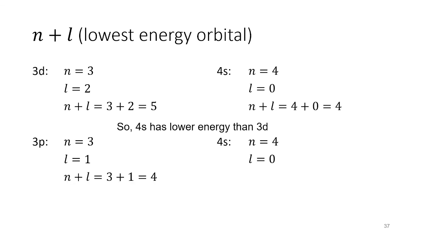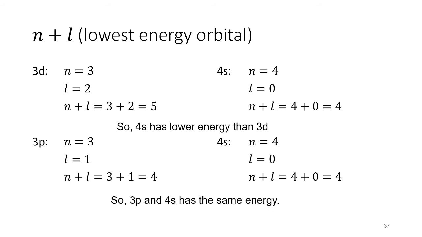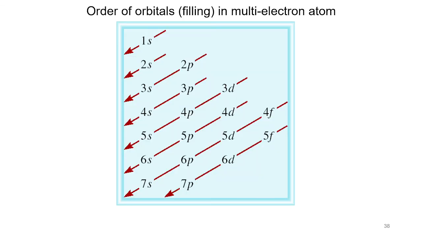Meaning to say, if we add those n and l's, we have 4 and 4, so 3p and 4s have the same energy. But for the sake of the number, we fill up 4s right after we fill up 3p. Okay? That is why we have this order of orbitals for filling multi-electron atoms.